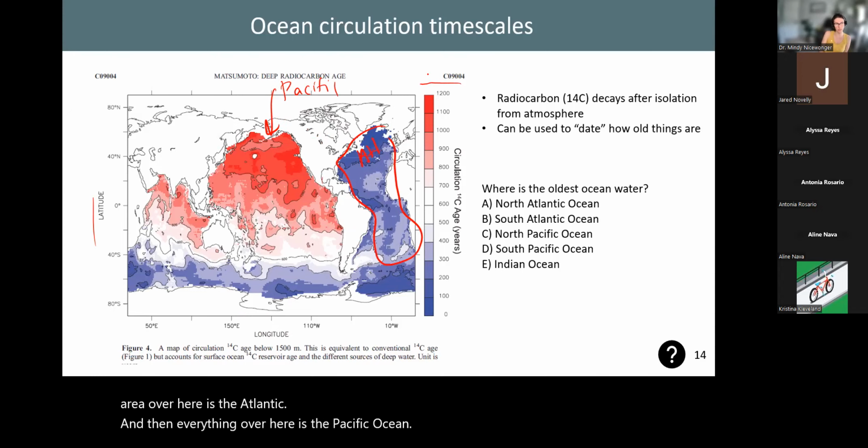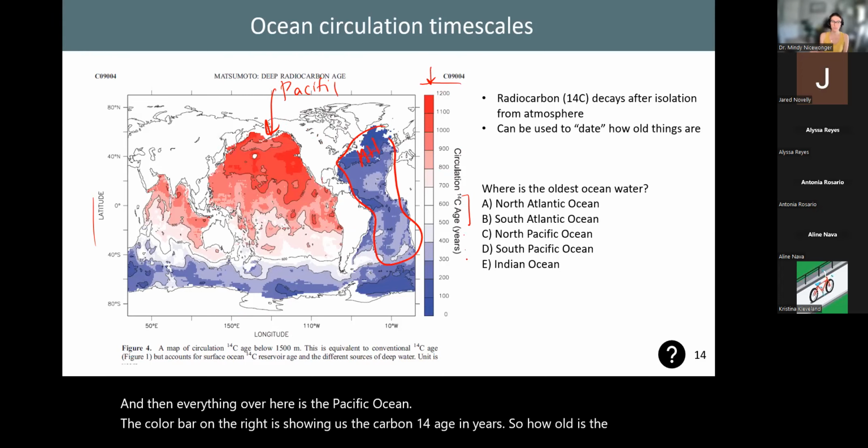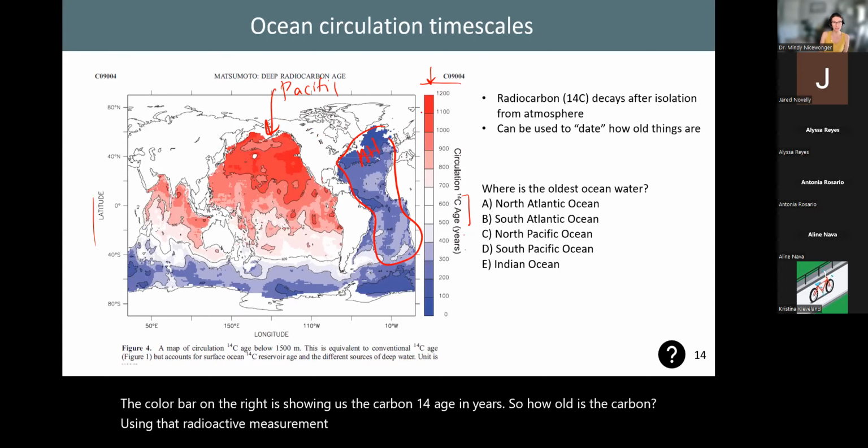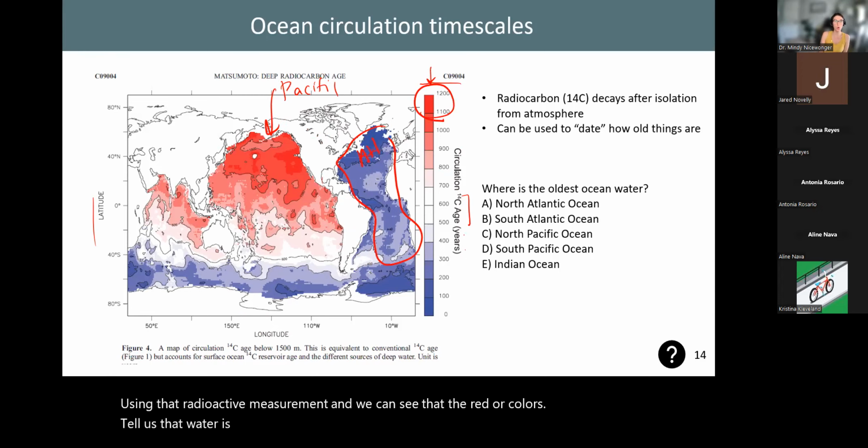The color bar on the right is showing us the carbon-14 age in years. So how old is the carbon using that radioactive measurement? And we can see that the redder colors tell us that that water is older. So our oldest ocean water is in the North Pacific Ocean.